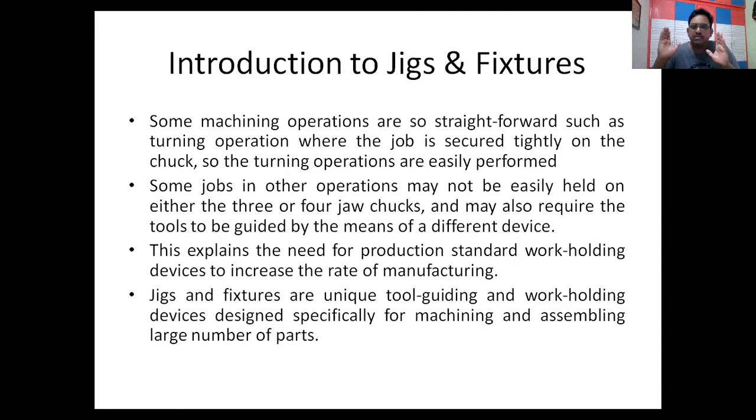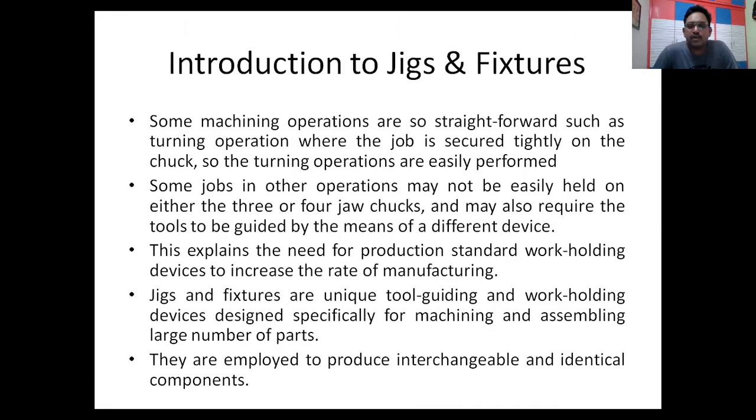These are unique tools, and it depends on the workpiece, the geometry of the workpiece, and on which machine we are working. So they are designed specifically for machining and assembling large numbers of parts.